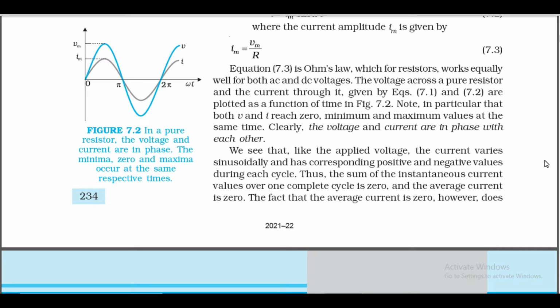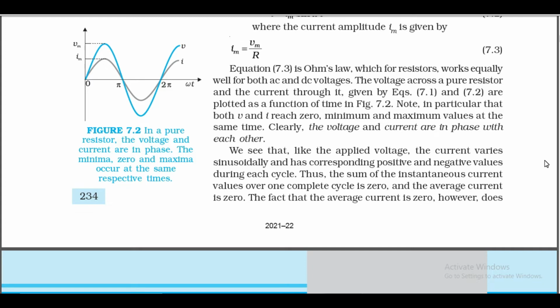The voltage across a pure resistor and the current through it, given by equations 7.1 and 7.2, are plotted as a function of time in figure 7.2. Note in particular that both v and i reach zero, minimum and maximum values at the same time.